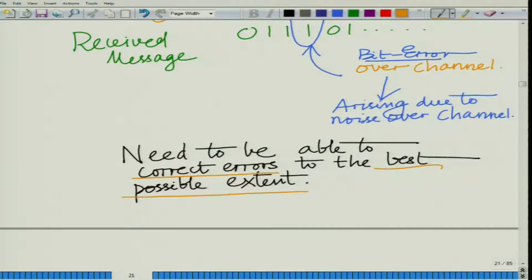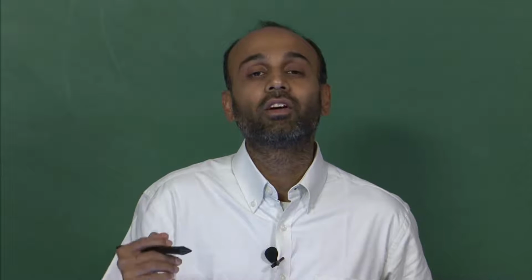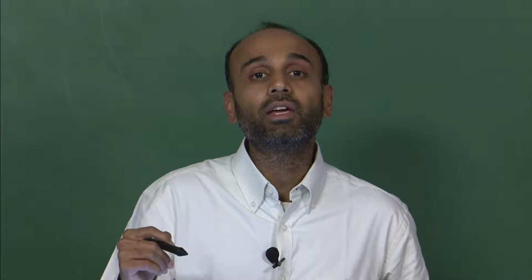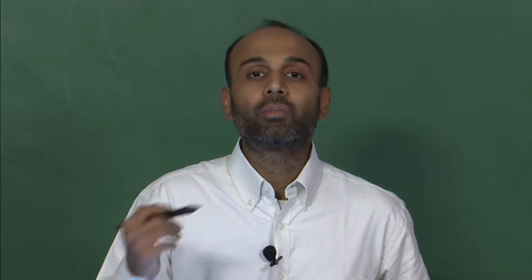Now, remember, we are not looking at correcting all the errors. It might not be possible. In fact, that is what Shannon's capacity theorem tells us, that it is only possible to communicate with a diminishingly low probability of error. So we might not be able to recover from all the bit errors that occur over the channel, but we will attempt to.